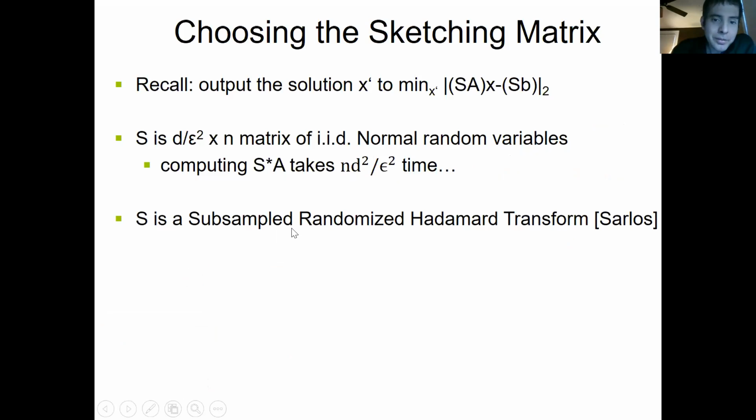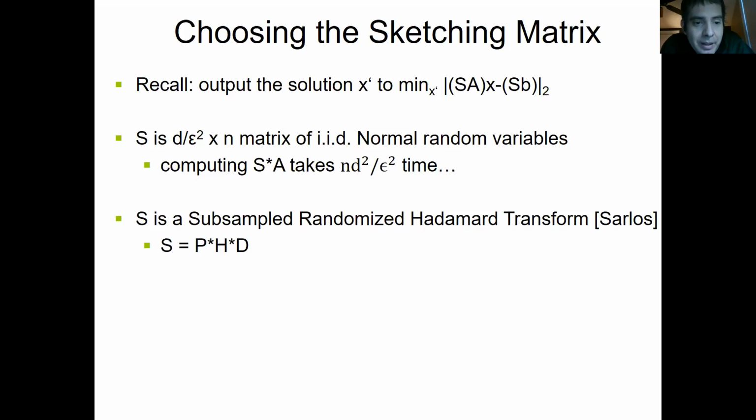Okay, yeah. So this inspired the use of a different sketching matrix called the subsampled randomized Hadamard transform, which is used in this context first by Sarlos, and it's a much more structured random family of matrices.